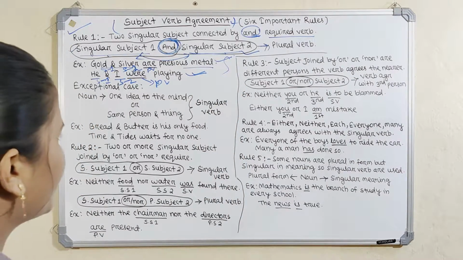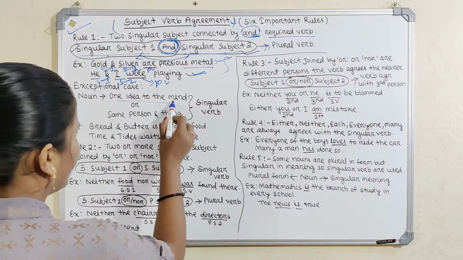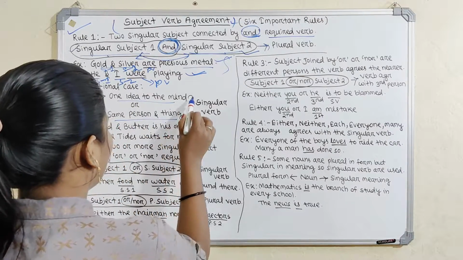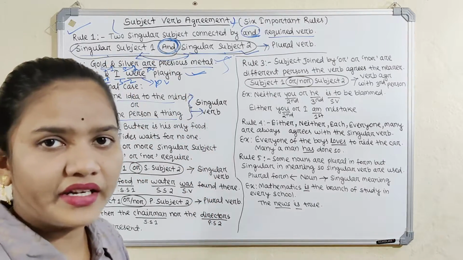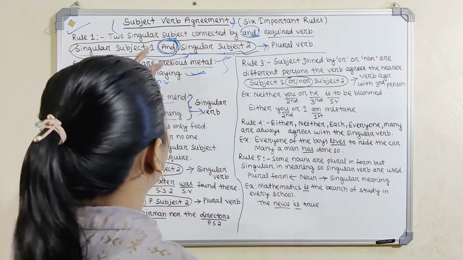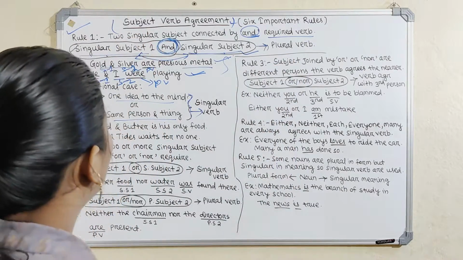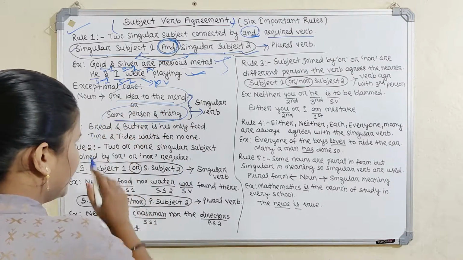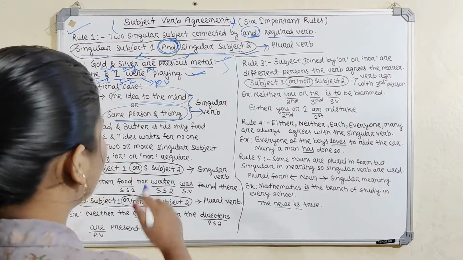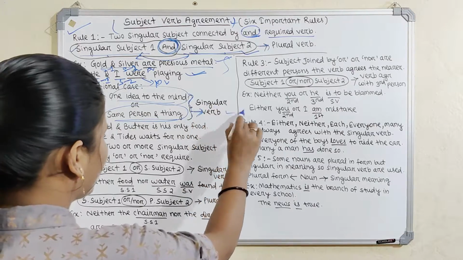Okay. In an exceptional case, where two words express one idea to the mind, or the same person or thing, the verb can be singular. Normally, if two singular subjects are bound together, it becomes plural by the connector and. But in the exceptional case of one idea, the same person or thing, it takes a singular verb.